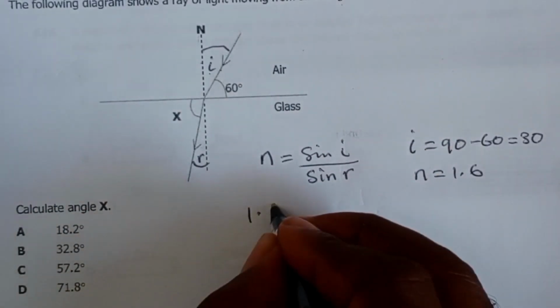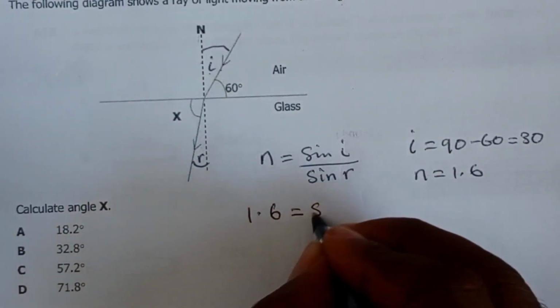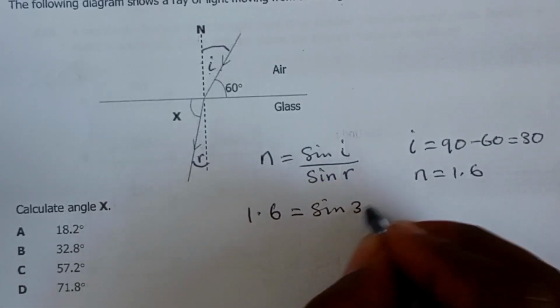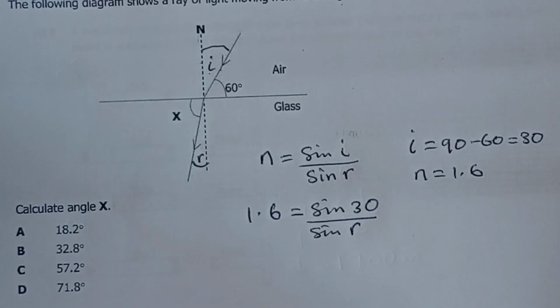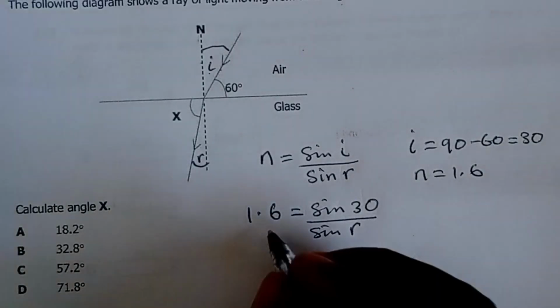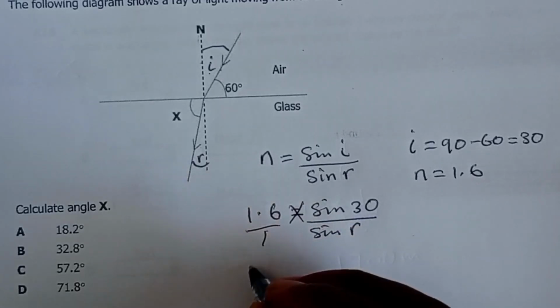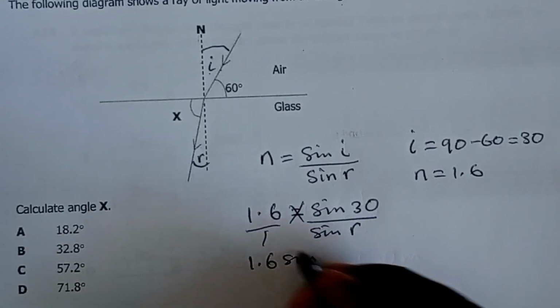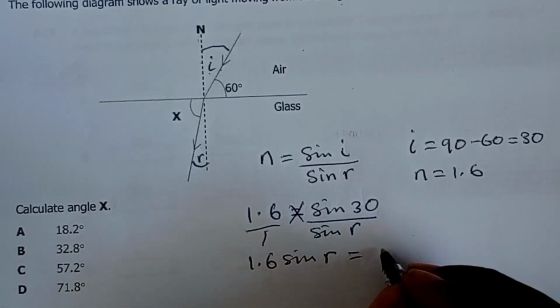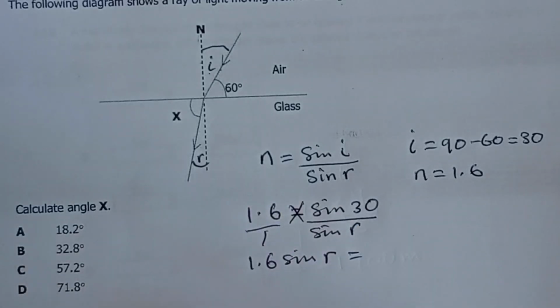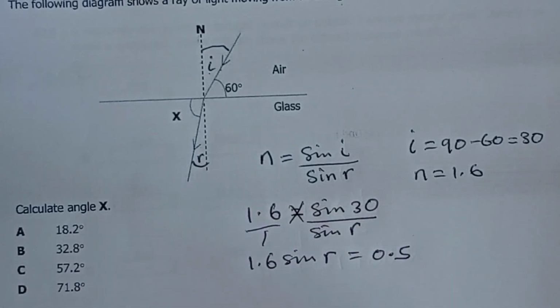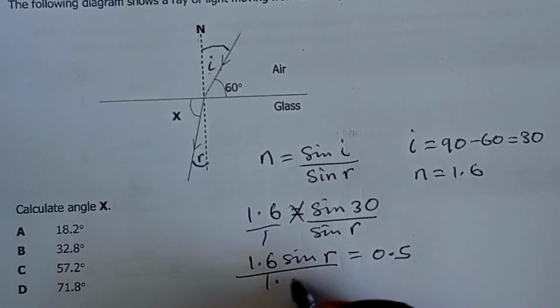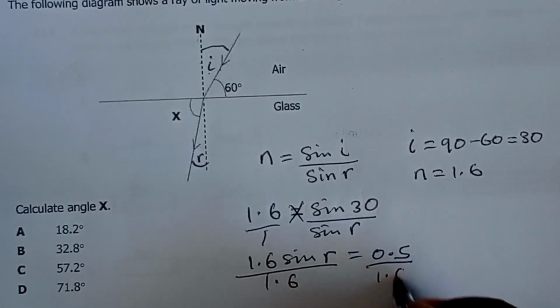So 1.6 is equal to sine 30 over sine R. So there we cross multiply, where we say 1.6 sine r is equal to sine 30, it is 0.5.